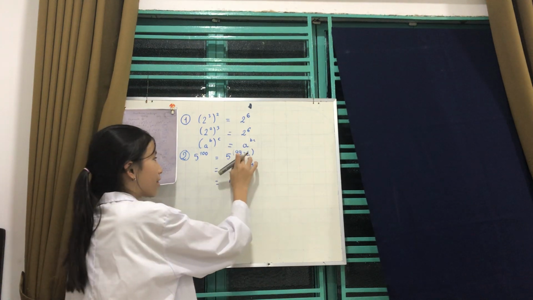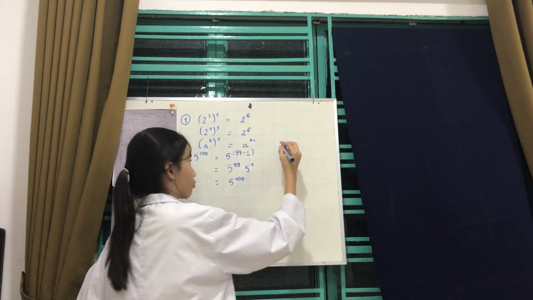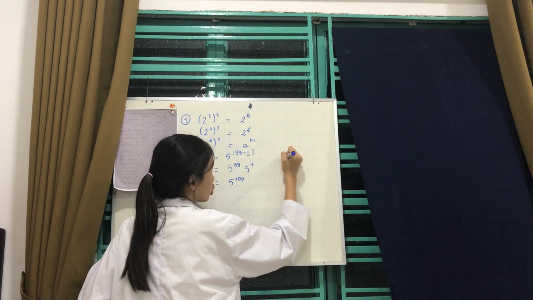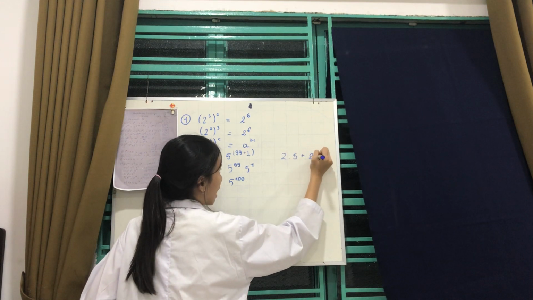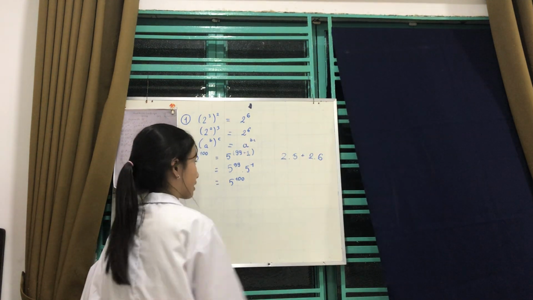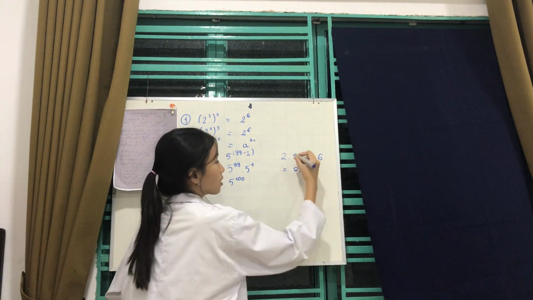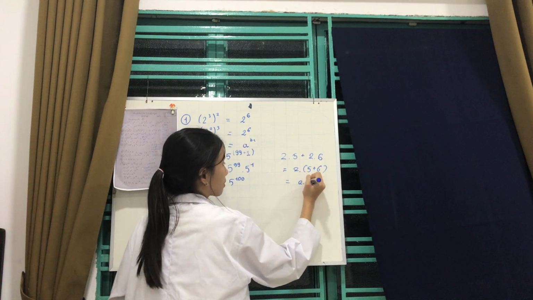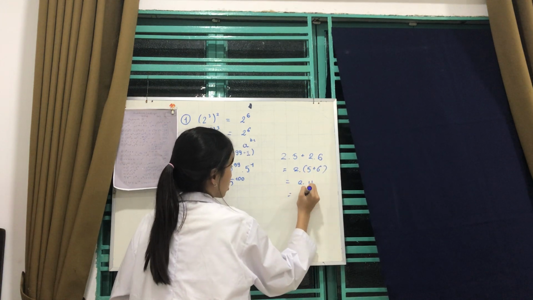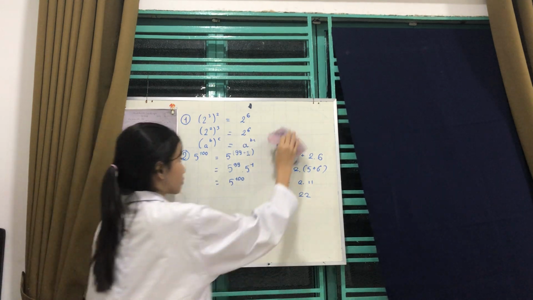If you look at this problem, this first equal sign here, take an example for that. Maybe like 2 times 5 plus 2 times 6, let's say. So this will equal 2 times 5 plus 6. This will equal 2 times 11, which will equal 22. And the same goes for this problem over here.